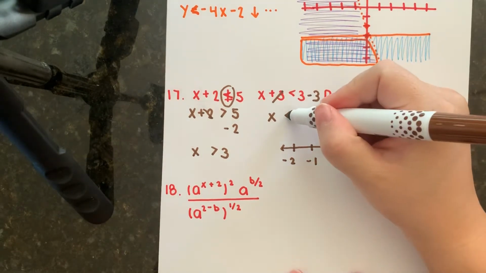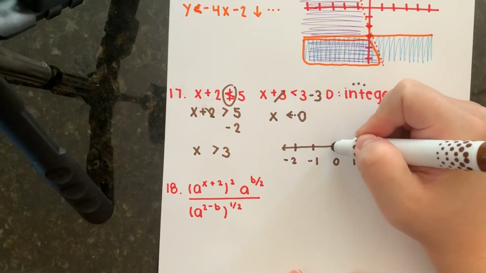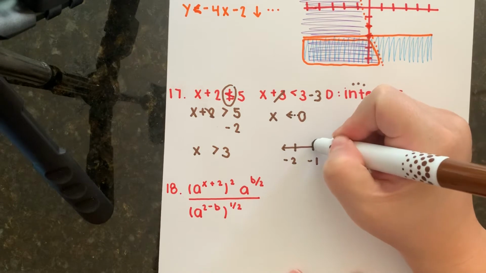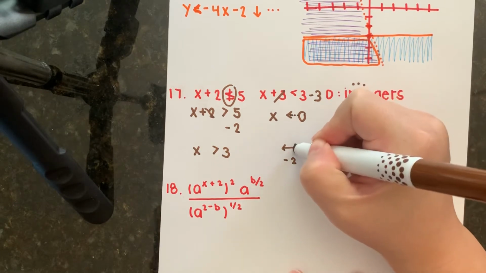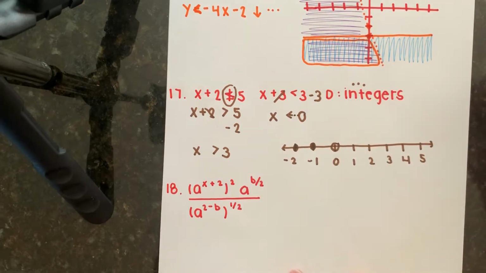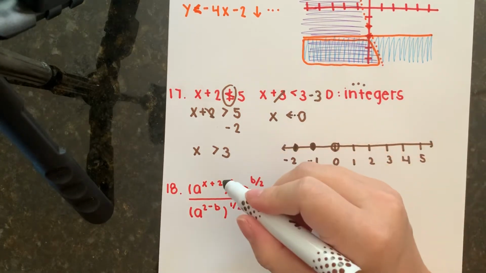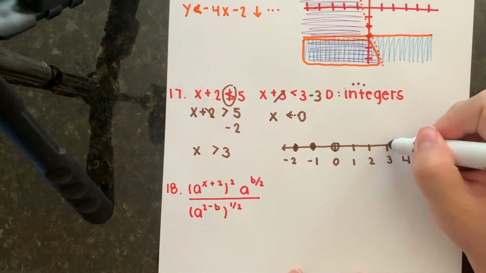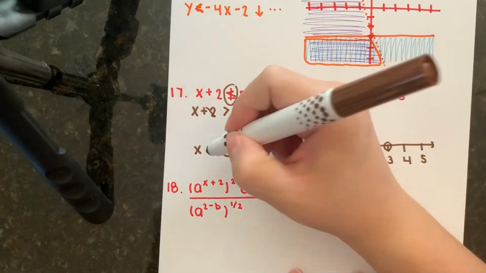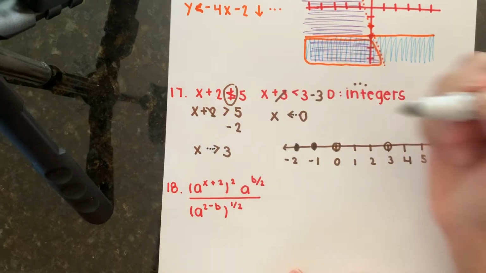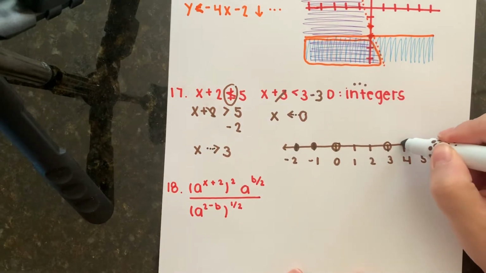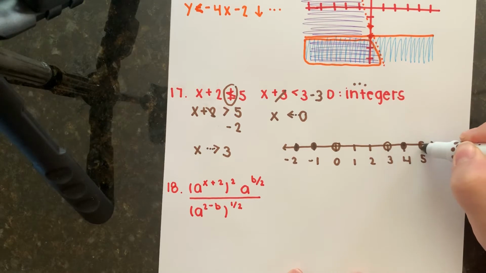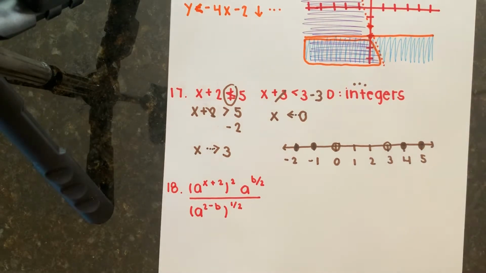But it says everything less than 0. So that means I'm going to fill in all the points to the left of 0. Now for 3, greater than 3, there is no equal sign again, so that would be open on 3. But if you draw a line in the alligator's mouth, it points to the right of 3, so that means we would fill in 4 and then fill in 5.